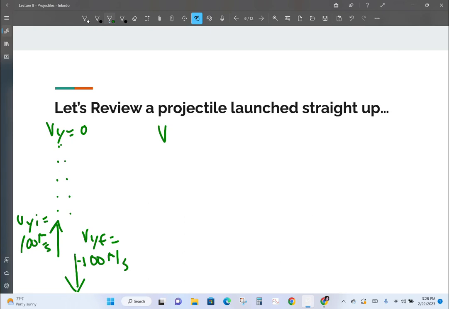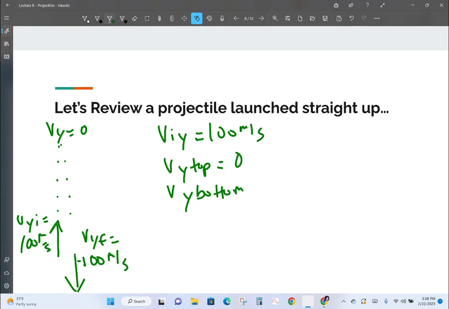So in this case, Viy is 100 meters per second. Vy at the top is 0, and Vy at the bottom is negative 100 meters per second, and gravity is always negative 9.8 meters per second squared.